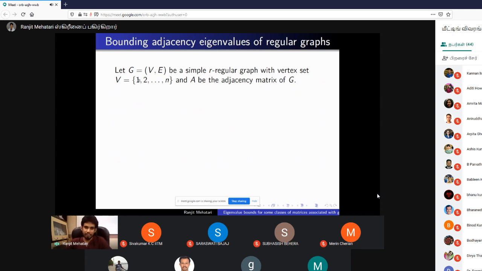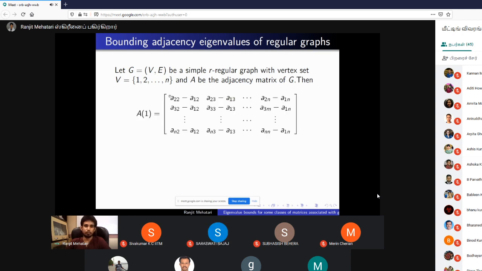For that, let G be a regular graph with vertex set 1 to n, and A be the adjacency matrix of G. So first we try to find the Gershgorin region for A_1. A_1 will be the principal submatrix obtained by deleting the first row and first column, minus the matrix whose each row equals the vector obtained by deleting the first element from the first row of the adjacency matrix.